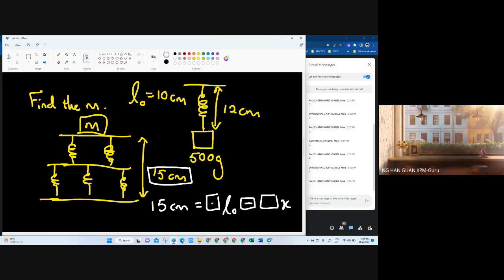And how many original lengths? To find this 15 centimeter, it is based on how many original lengths minus extension. 20 original length. Isabel, seriously? 20 centimeter or 20 original length? 20 centimeter.